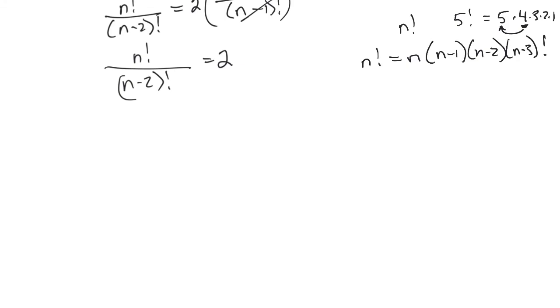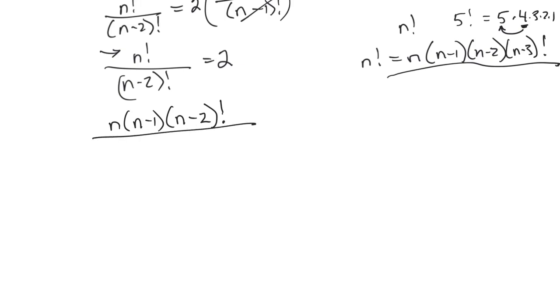Or I can stop when I think maybe I can cancel something. So let's try using some of this over here. So this n factorial at the top here is going to be n times n minus 1 times n minus 2. Let me stop right there, because factorial goes on forever. But rather than writing any more, I'm stopping there, because then I can cancel stuff.